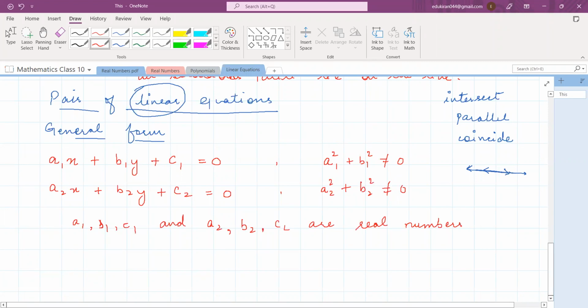So this is the general form of linear equation in two variables. You can see the variables are the same in both equations, x, x, y, y, but the coefficients are changing.